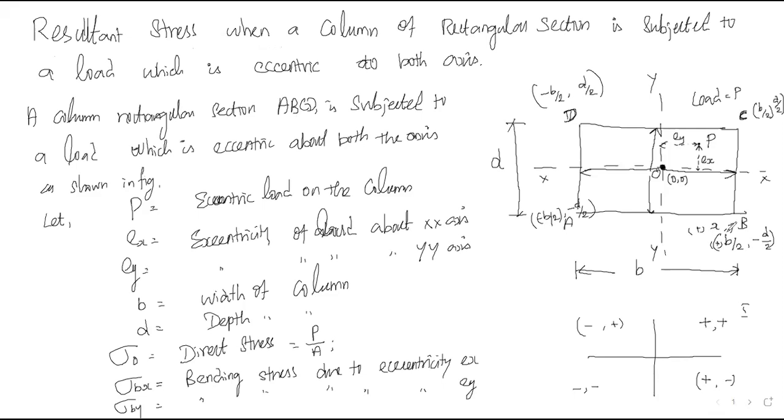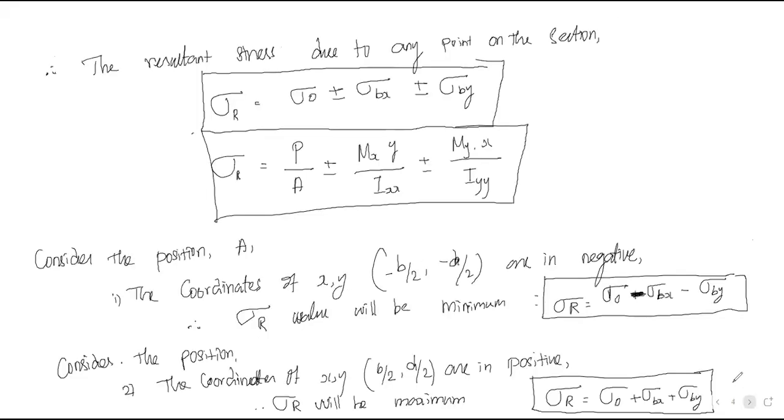So the coordinates x comma y are plus b by 2 comma minus d by 2.